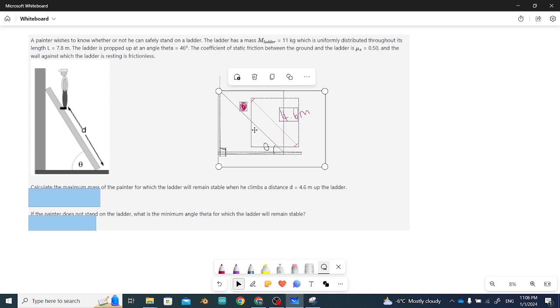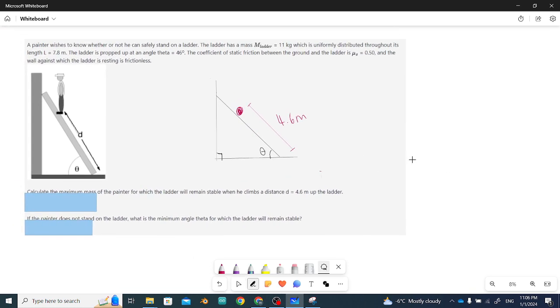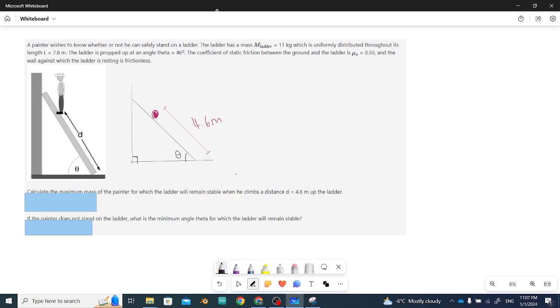Let's make that here. We're just going to draw the ladder.